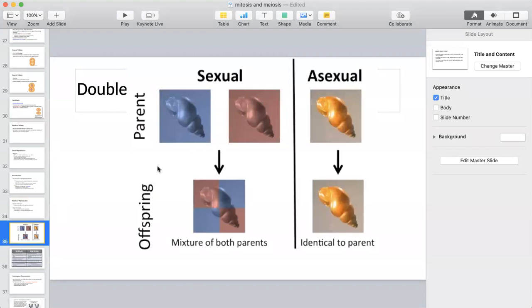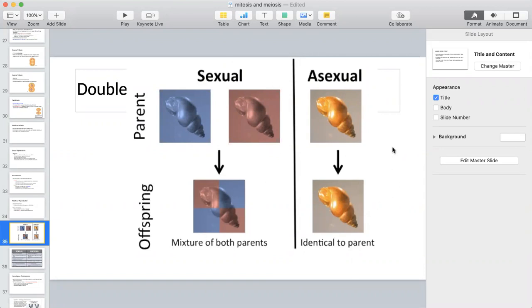Okay, let's look at this visual I have here. On the left, we have sexual reproduction. So we have parent organisms. We have blue parent organism, we'll say that's dad. We'll have red parent organism, we'll say that's mom. So the offspring that's going to be created is going to be a mixture of both parents genetically. That's the result of sexual reproduction.